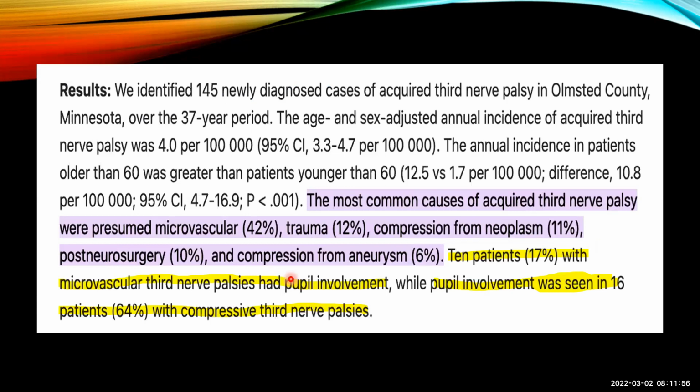They found out that the most common cause of acquired third nerve palsy was presumed microvascular, 42%, followed by trauma, compression from neoplasm, post-neurosurgical, and compression from aneurysm. And again, they showed that 10 patients with microvascular third nerve palsy had pupil involvement, while pupil involvement was only seen in 64% with compressive third nerve palsy. It's not 100%.